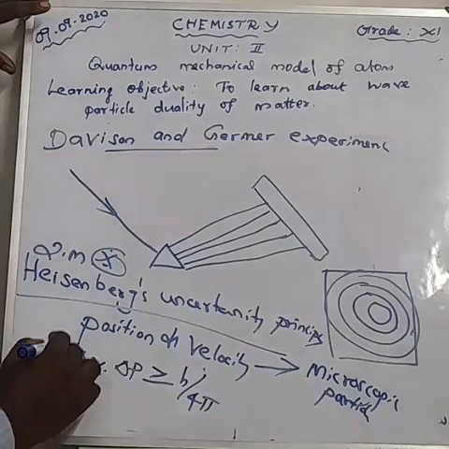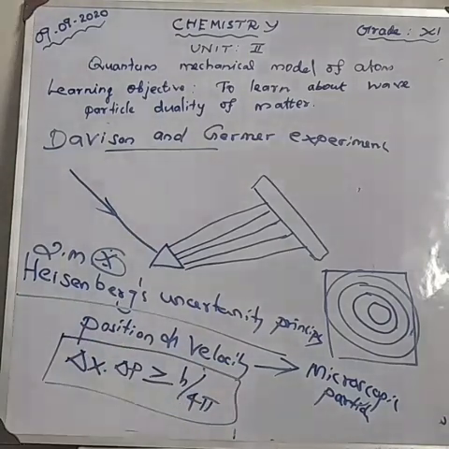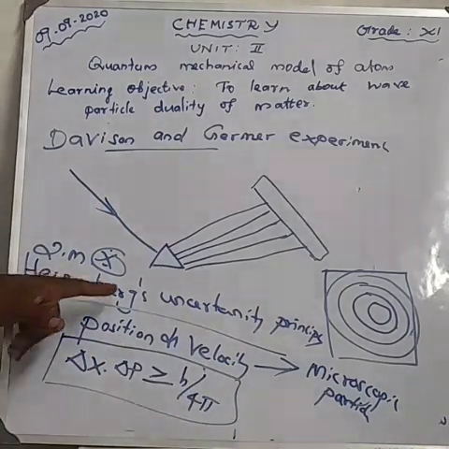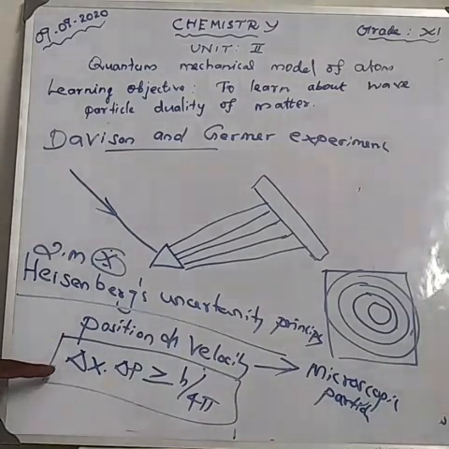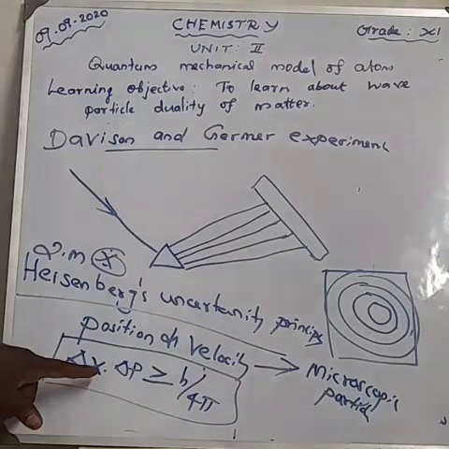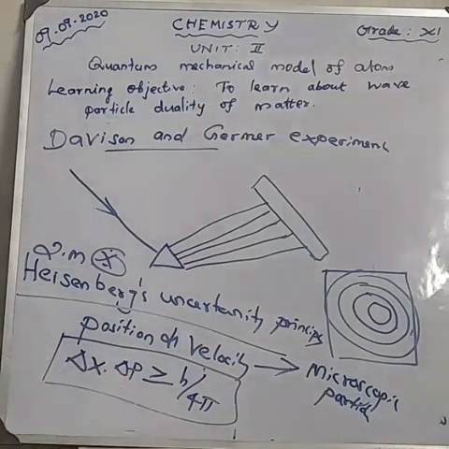As per the Heisenberg uncertainty principle, it is impossible to measure simultaneously both the position and the velocity of a microscopic particle accurately. And the formula given is delta x into delta p is equal to or greater than h by 4 pi.